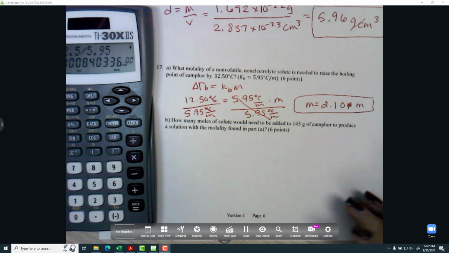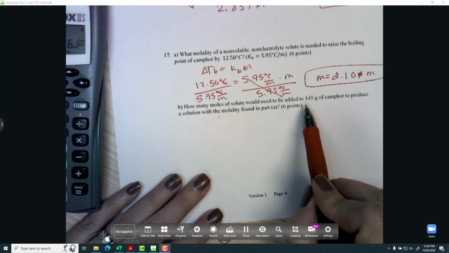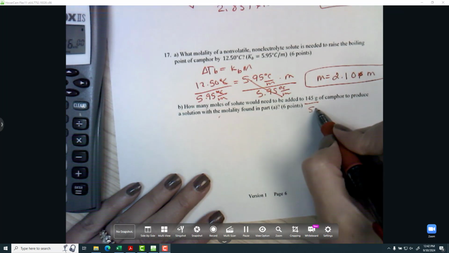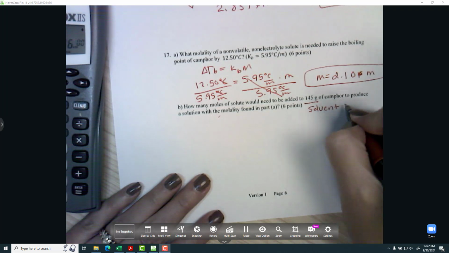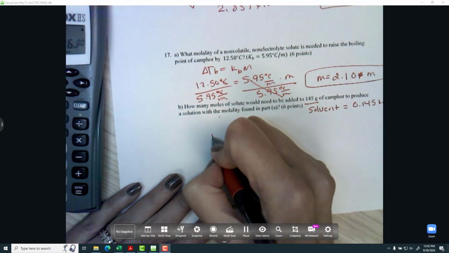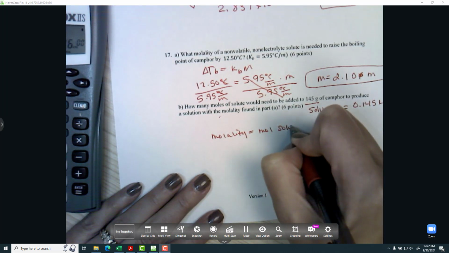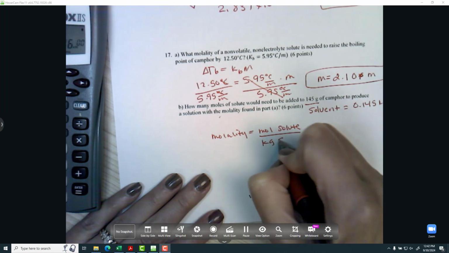Then it asked me how many moles of solute I would need. It tells me I have 145 grams of the camphor, and that would be the solvent. And so I know that's actually going to have to be in kilograms, so I'm going to convert it right now in my head by just moving the decimal, because I know molality is moles of solute on top and kilograms of solvent on the bottom.